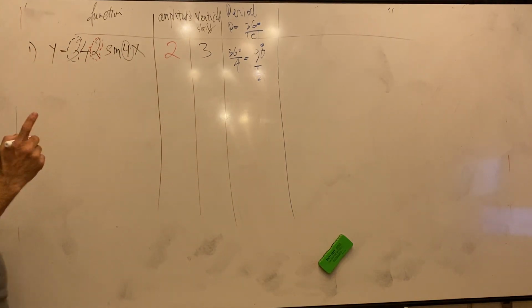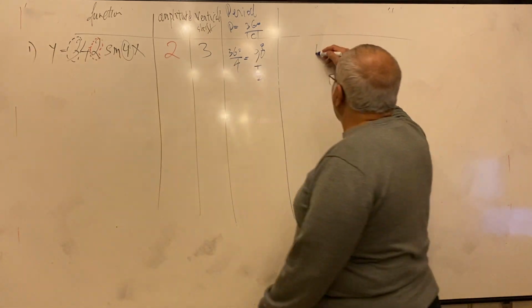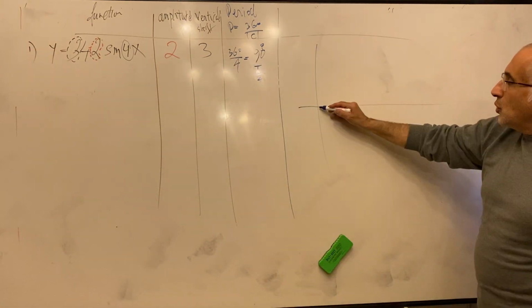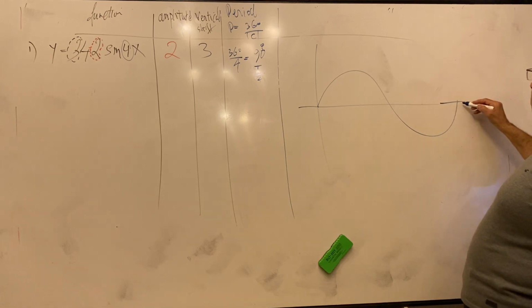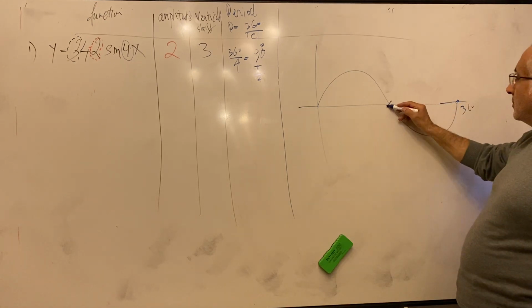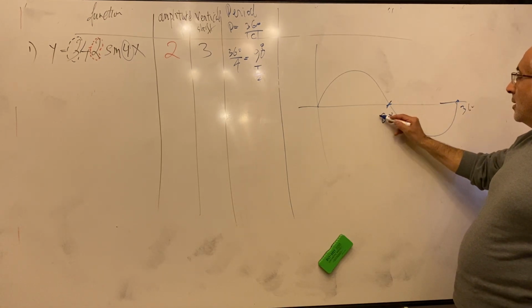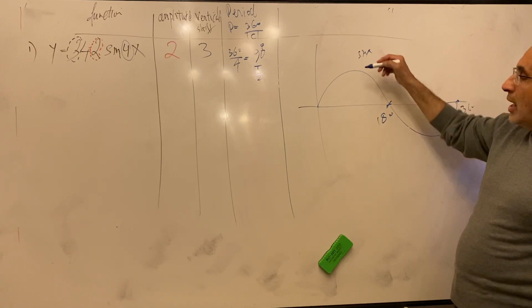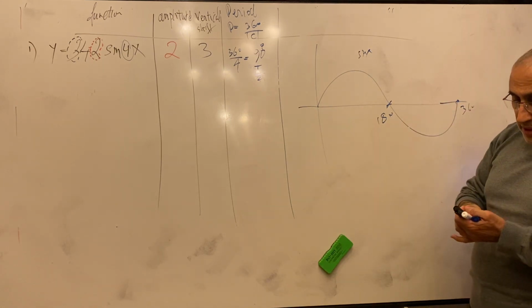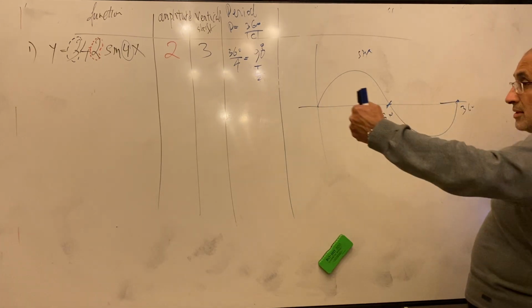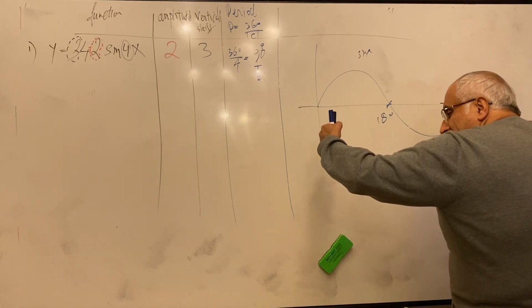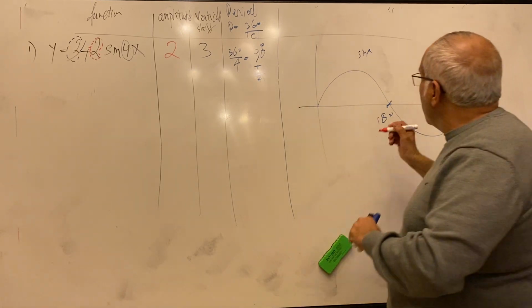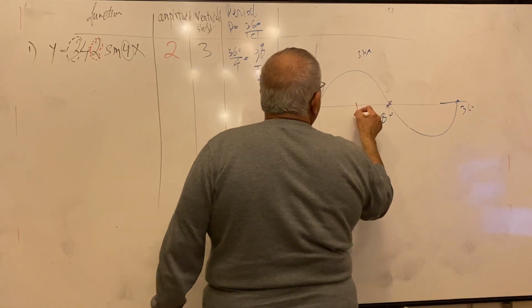So your graph, if you remember, we have it drawn like this at the beginning. We have it drawn 360. That was sine x. What is happening here? This period is being squeezed 4 times as much. So the graph is not being squeezed halfway, it's here.